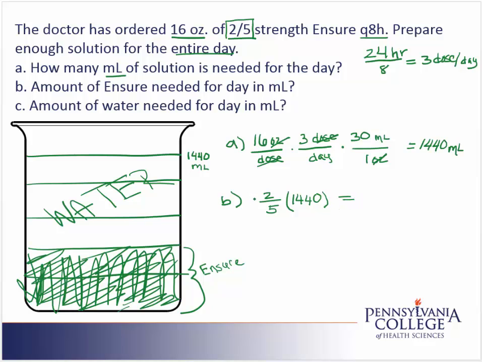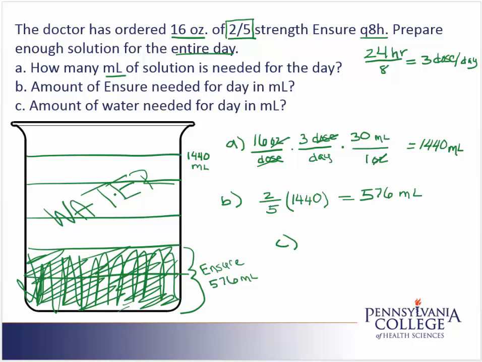So on my calculator, 2 divided by 5 times 1,440, and that gives me an answer of 576 milliliters. And that is the amount of the Ensure. So this part, 576 milliliters.